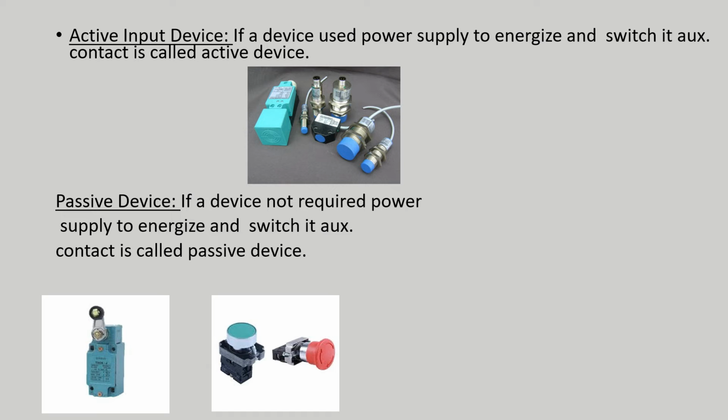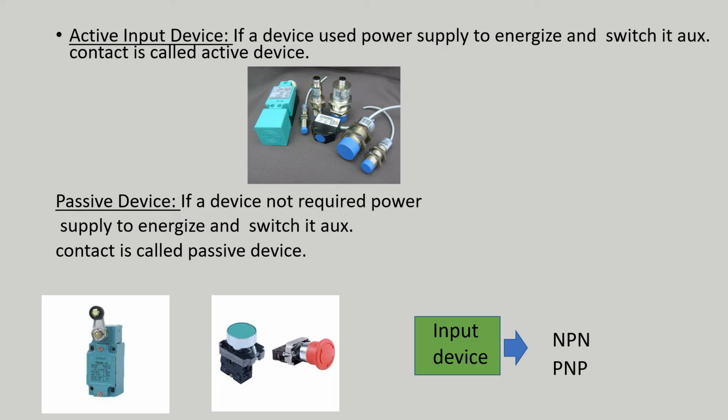So an active input device can be NPN or PNP. If an input device gives an output of 0 volt after changing, that means the input device is an NPN.